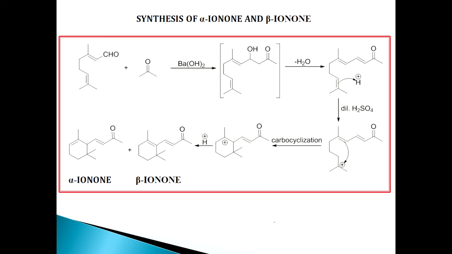When citral undergoes aldol condensation with barium hydroxide followed by hydrolysis, it produces alpha and beta ionones.